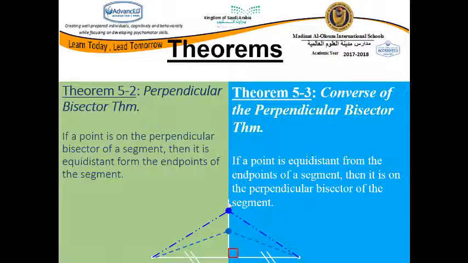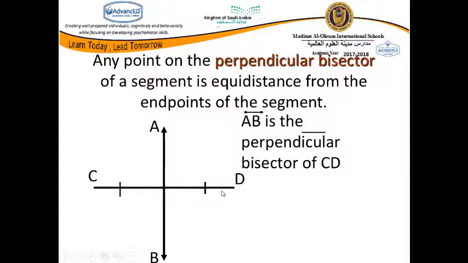Again, any point lying on the perpendicular bisector is equidistant from the endpoints of this segment. And the converse of the theorem: if you find any point that is equidistant from the endpoints, then the point lies on the perpendicular bisector.